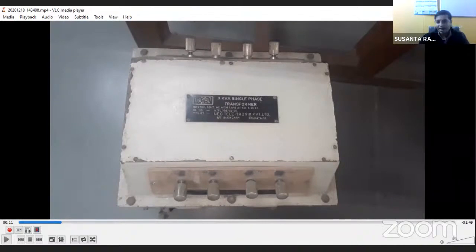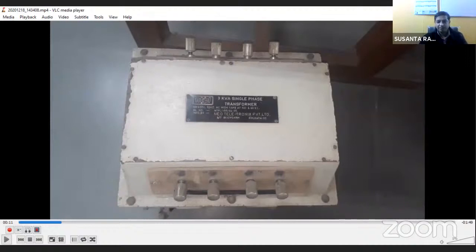Now you go for the next 2 terminals, that means 2 and 3. If you don't get any continuity, that means there is no coil. Now if you go for 3 and 4, again if you get continuity, that means there is a coil. In this particular transformer, you will get that only.